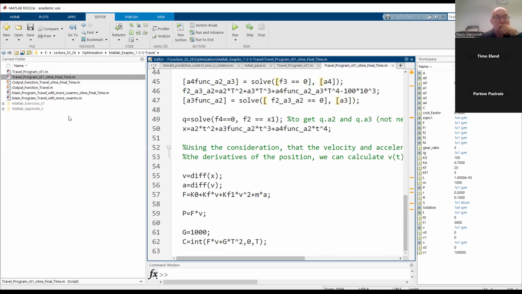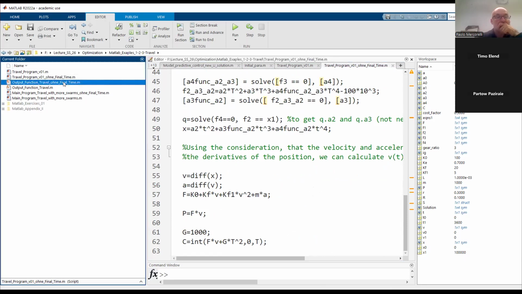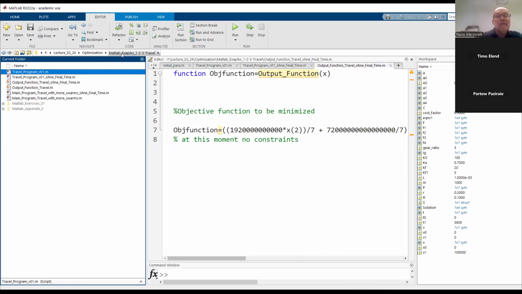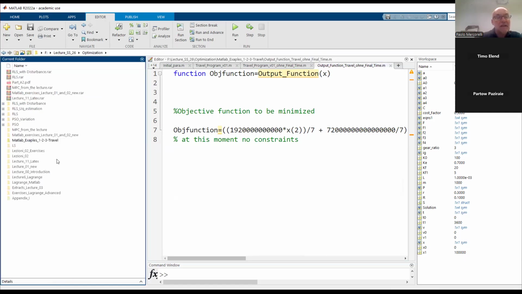I don't have it. Strange. I don't find the final. Let me see again in the folder. Basically, I have to do the derivative of C with respect to A4, no? And then to put 0.